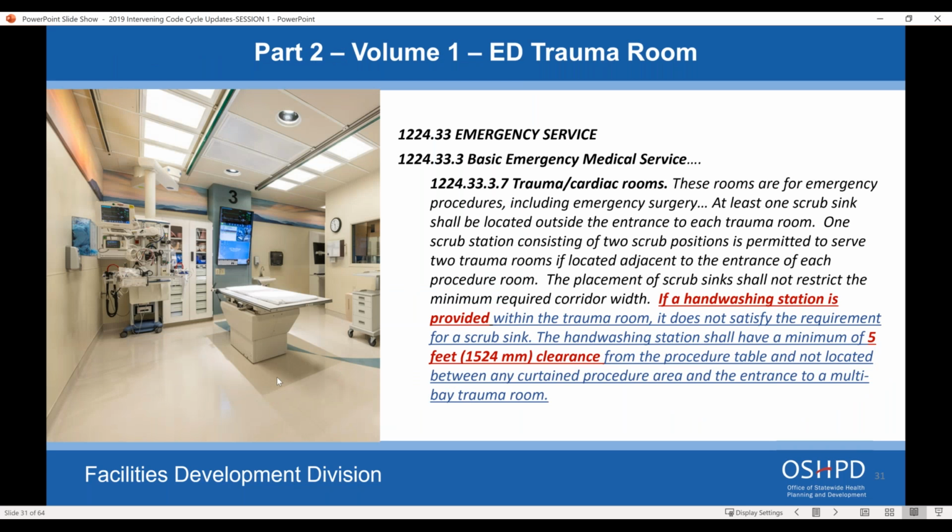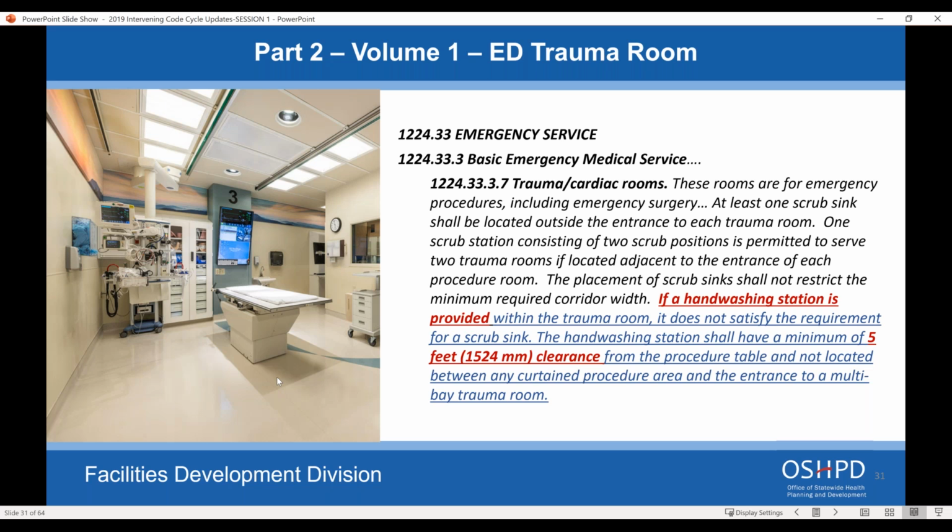For emergency departments, in a trauma/cardiac room that is required for a basic service medical emergency department, there's always been this requirement that scrub sinks be required at the entrance to the trauma rooms.